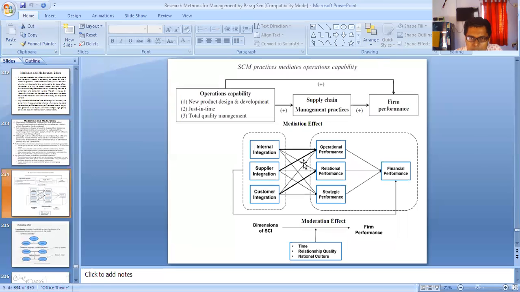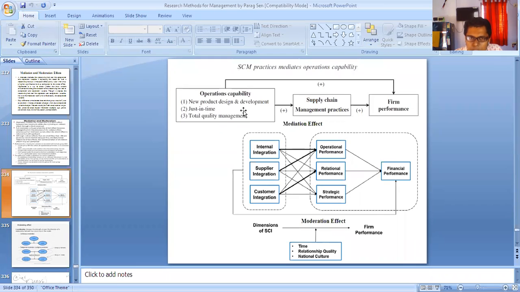Here, I have given the example of supply chain practices. Okay. I have given the example of mediation effect as well as the moderation effect. Okay. What is the mediation effect? Just have a look at this one.